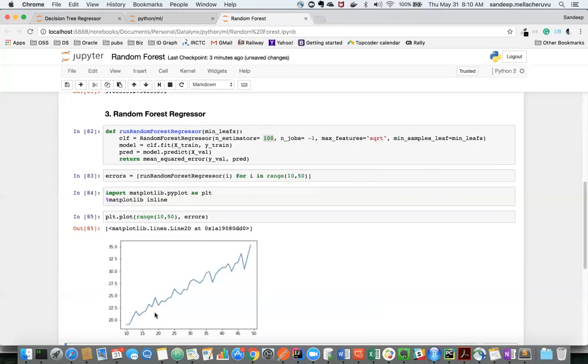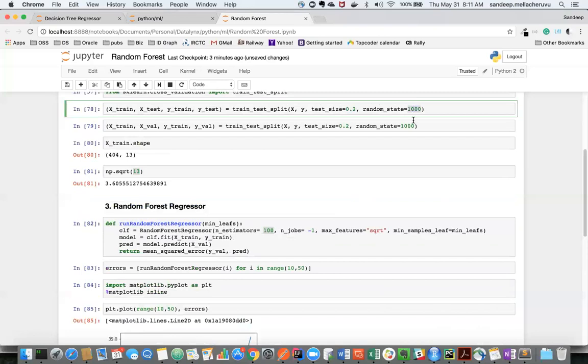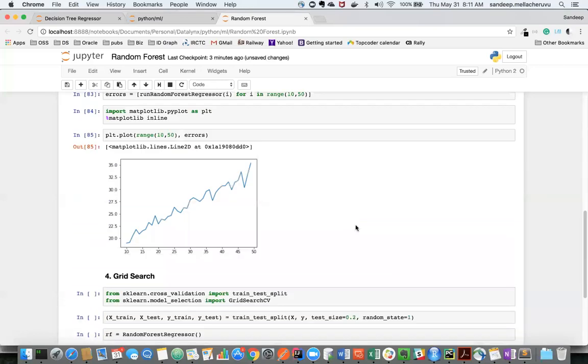Okay. Curve is almost the same. There will be some differences. Obviously, there will be some differences, but almost same. Okay. That is your homework. Just try to run through with different random states. Take a screenshot of each of them.